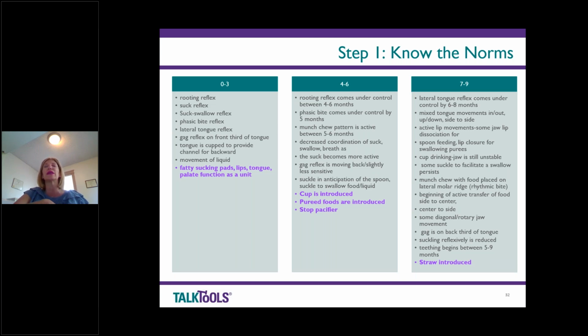At 4 to 6 months, the cup is introduced. Closer to 6 months, we start with pureed foods, and that munch chewing pattern is developing. This is when we want to stop a pacifier. And the reason we want to stop a pacifier here is for 2 reasons. One, psychological attachment. At that age, there are other ways to self-soothe.